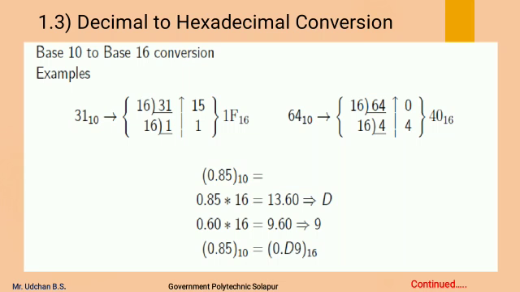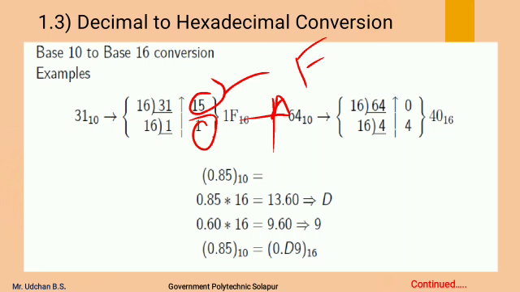After division, we will get 15 and 1 as remainders. We can write this 15 as F, as the numbers 10 to 15 are represented by A to F in the case of hexadecimal numbers. By arranging from MSB to LSB, we will get 1F as the hexadecimal number for the decimal number 31.